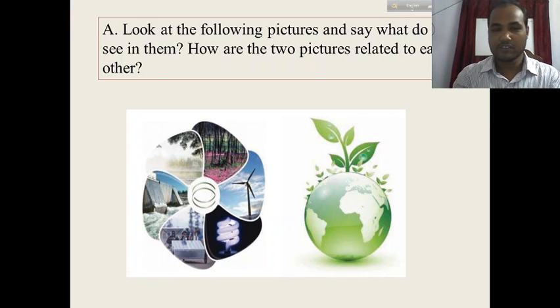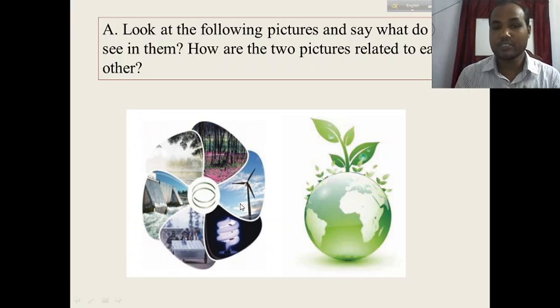I hope you are writing in the comment box. Okay? Let's see. We see there are two pictures. In the first picture, we see some sources of renewable energy, and in the second picture it is a green globe.